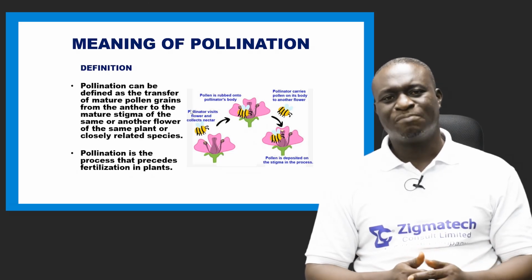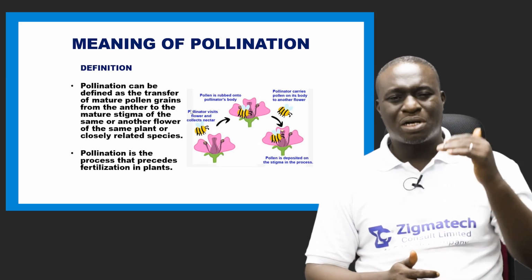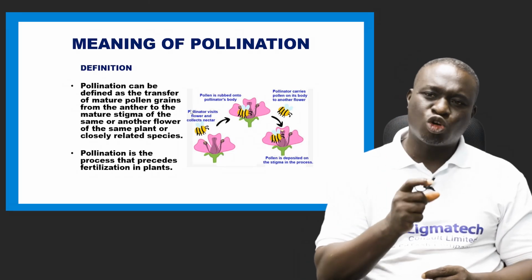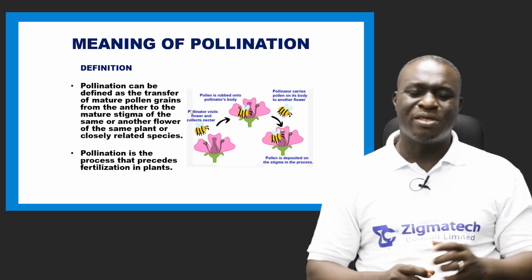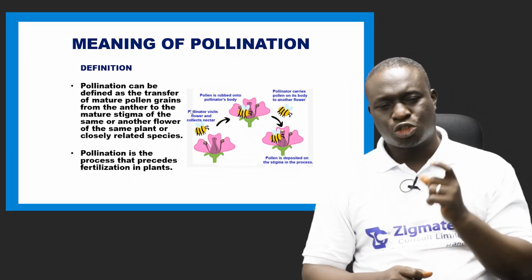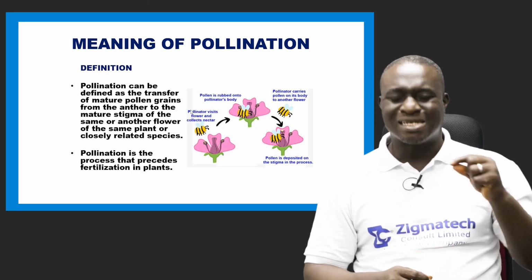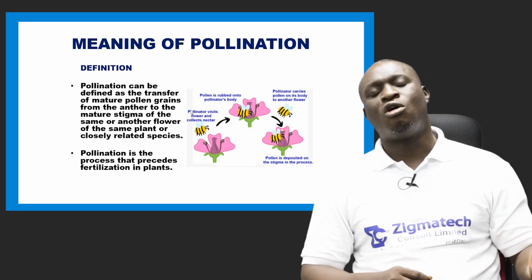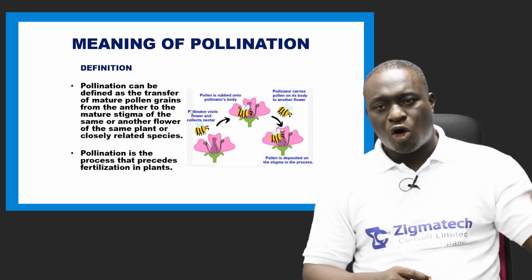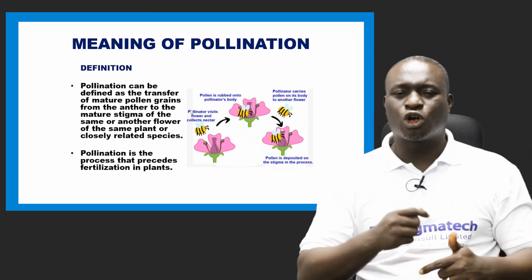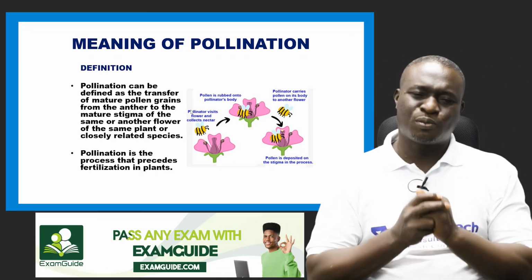I repeat it again: it is the transfer of mature pollen grains from the anther to the mature stigma of the same flower or of another flower of the same plant or closely related species.